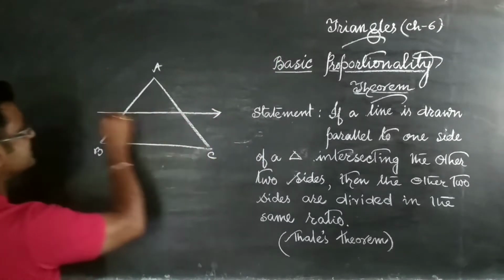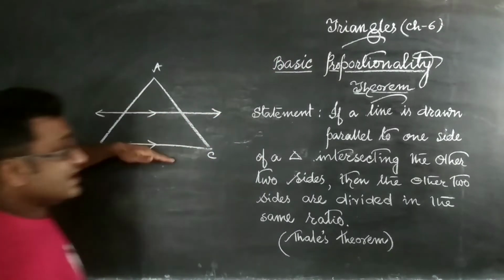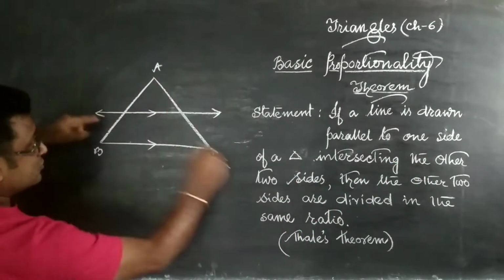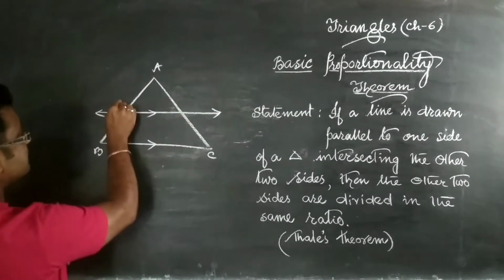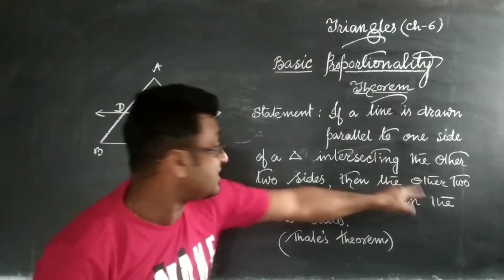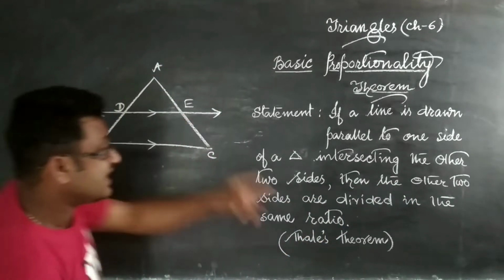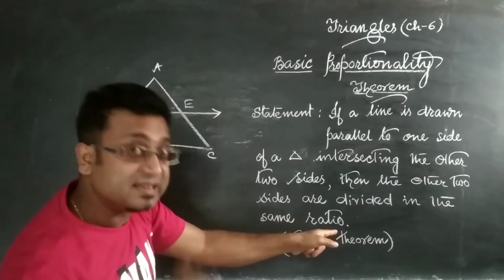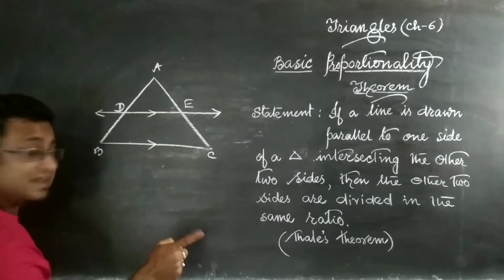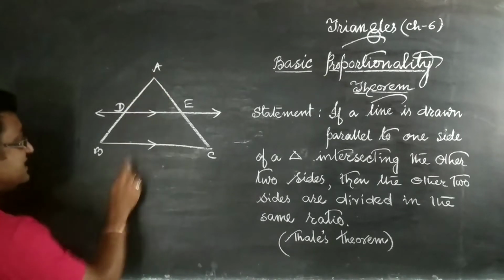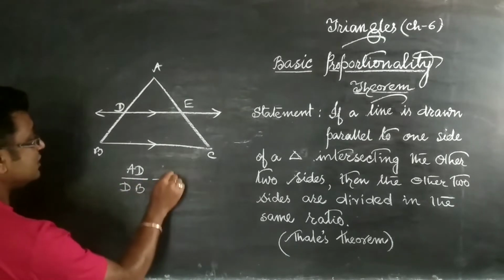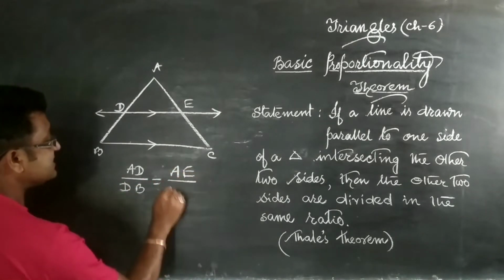If I draw a line like this, parallel to this side, intersecting the other two sides, say this line at D and this line at E, then the other two sides are divided in the same ratio. That means in triangle ABC, if DE is parallel to BC, then AD by DB will be equal to AE by EC.